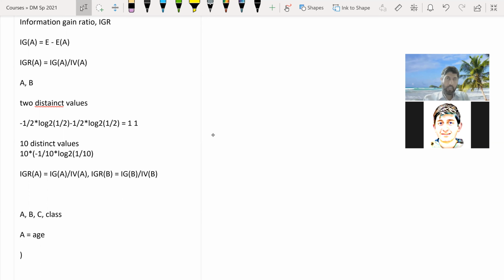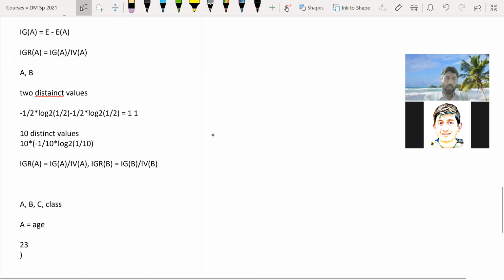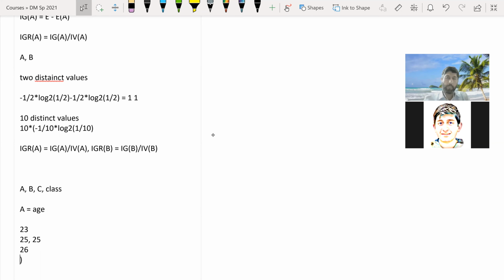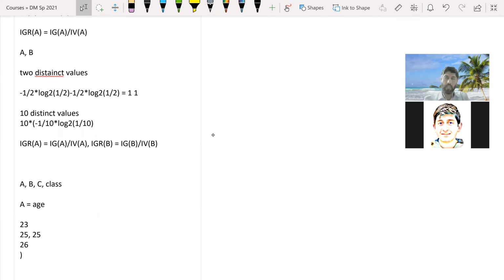So let's say it's an age data set, just to take a very simple example, let's say 23, 25, 25, 26, 4 examples, sorted from ascending order. And the class, let's say binary, 1 and 0: let's say this is class 0, and let's say this is 1, and this is also 1, or let's say this is 0.